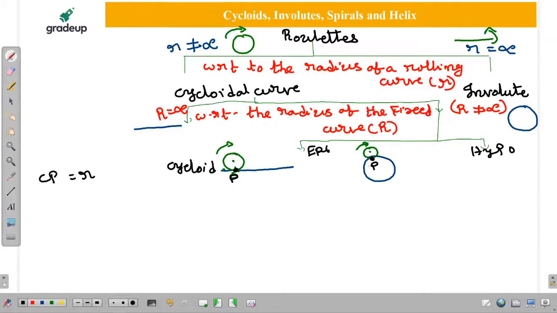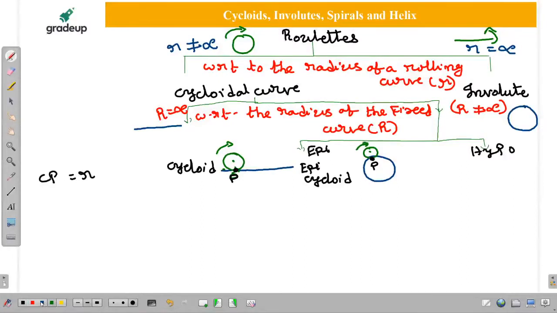Then it is called an epicycloid. Understood? Sir, if you consider a point on the circumference of the circle, it is cycloids. If the circle rolls on a straight line, simply without any prefix, we will call it cycloid. So if it rolls outside and you are considering a point on the circumference, it is epicycloid. Sir, what about the third one?